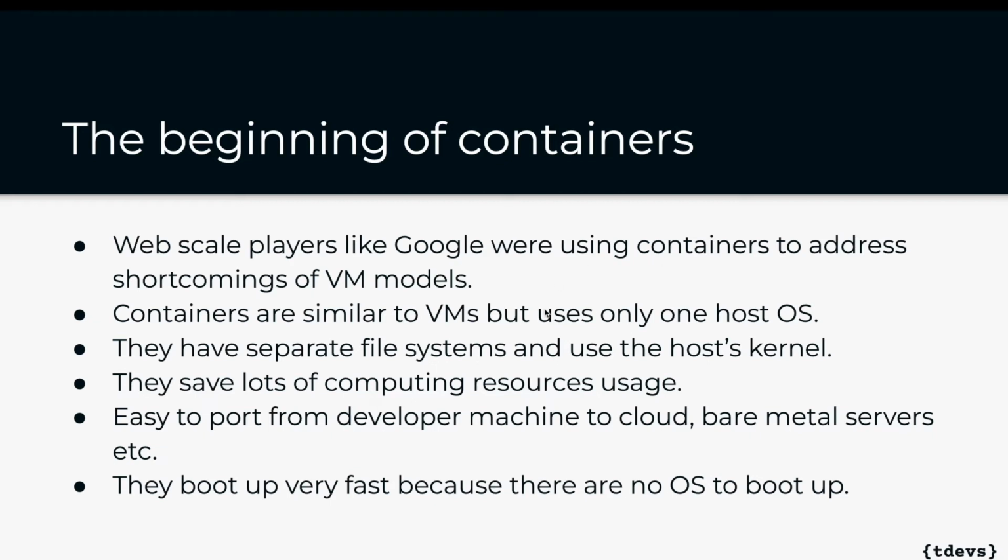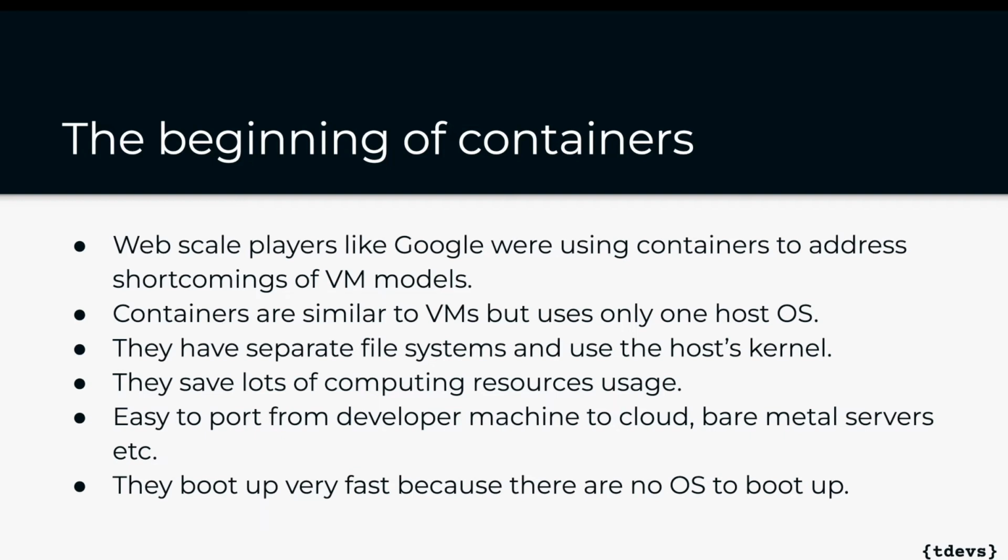How containers work is, they have a host OS, and each container has a separate file system. Just as virtual machines have their own kernel, their own operating system and their own file system, containers have their own file system, but for all the other things like sharing the network and the kernel of the host machine, they just use the kernel of the host machine and don't deploy a kernel of their own.